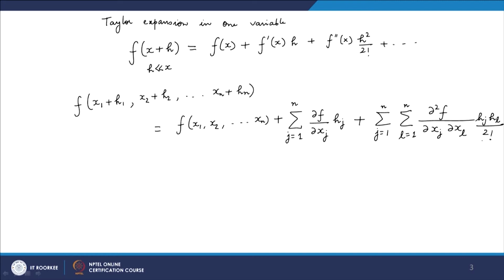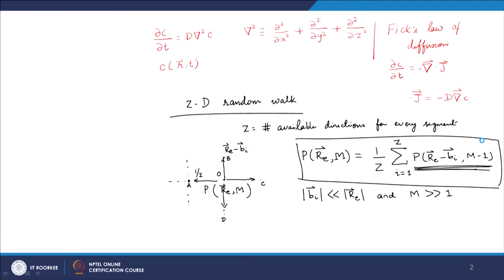So, now let us go back to the relation we have derived for P of Re, M. We are interested in P of Re minus Bi, M minus 1, that is the probability distribution for the random walk of M minus 1 steps to have the end to end distance Re minus Bi. So, in this particular case, we can think of two variables here.